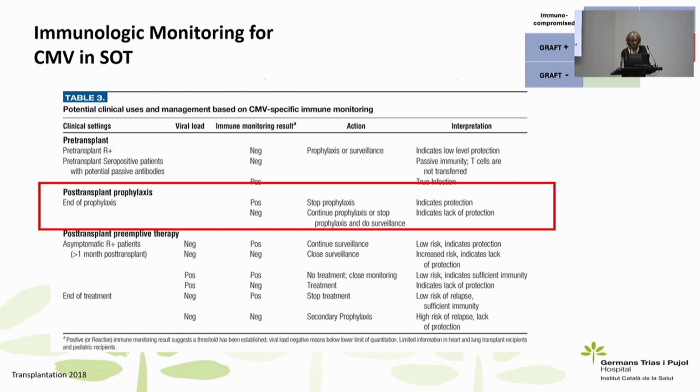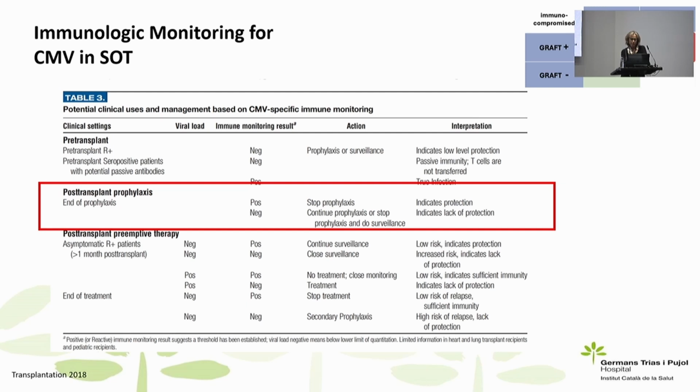But how do we use them? And this is very important. This is the most important part of the talk, because in the post-transplant setting, if we use a strategy of prophylaxis, the CMI monitoring will help us to know when to stop it.